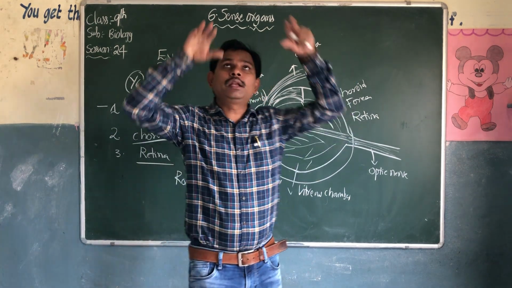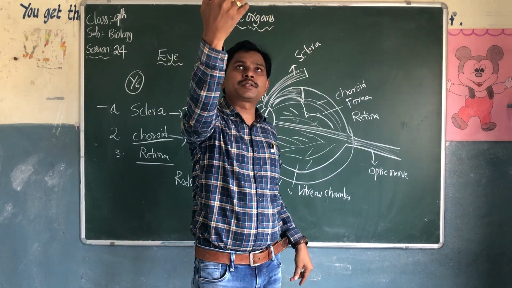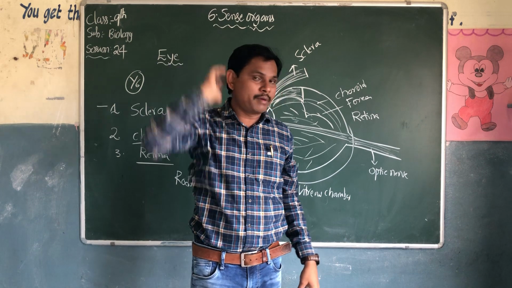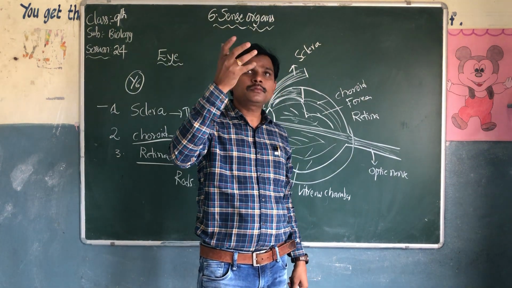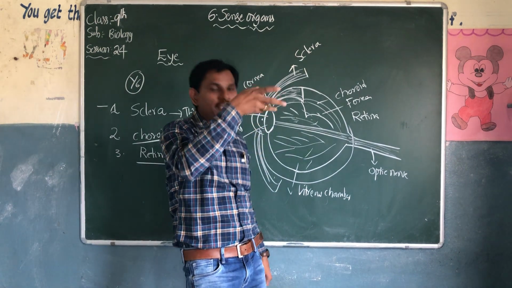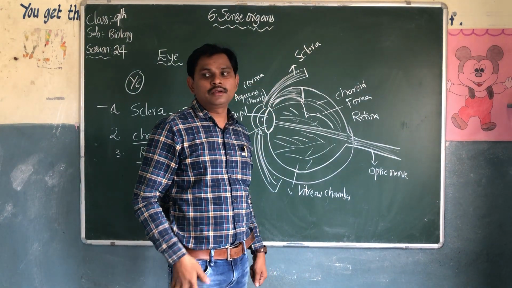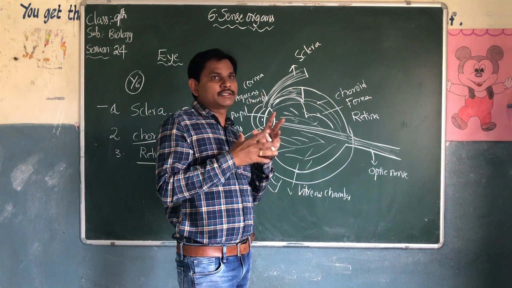The image of the object will fall on the back of the retina in the reverse direction. After that, what happens?